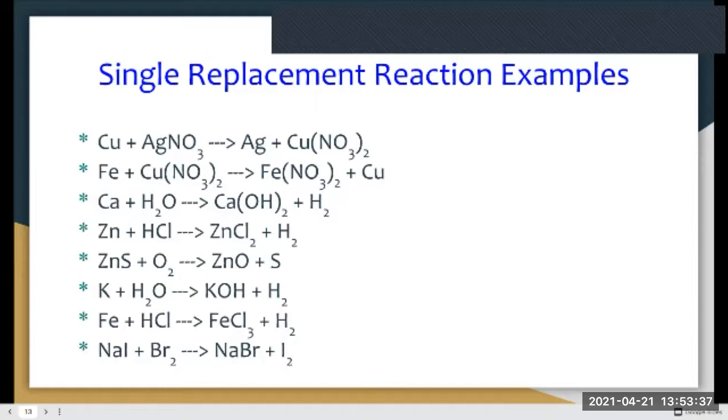Zinc sulfide and oxygen becomes zinc oxide and sulfur. Look, here's another one with water. So adding potassium to water becomes potassium hydroxide and hydrogen gas. We also saw this one, but it kind of exploded on us. We have iron and hydrochloric acid becomes iron 3 chloride and hydrogen gas. And then sodium iodide and bromine becomes sodium bromide and iodine gas.